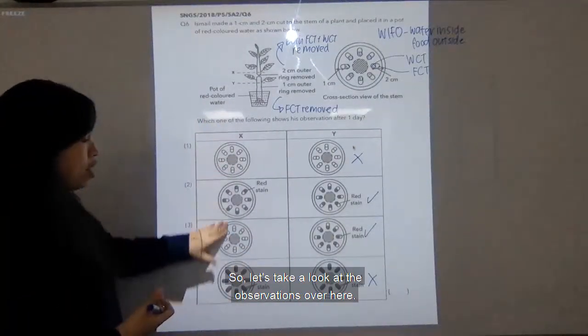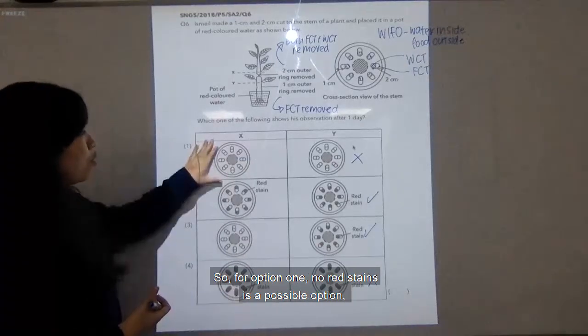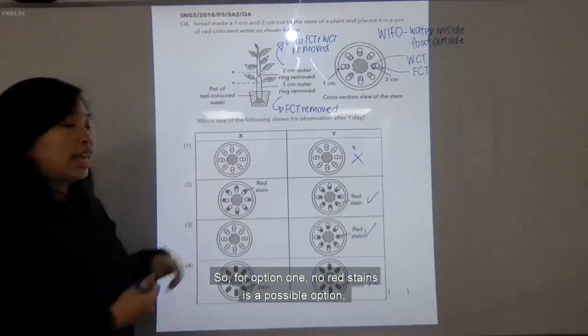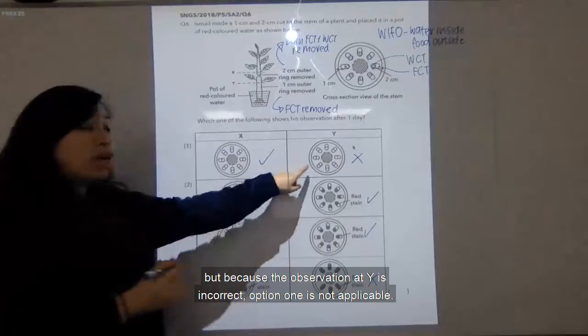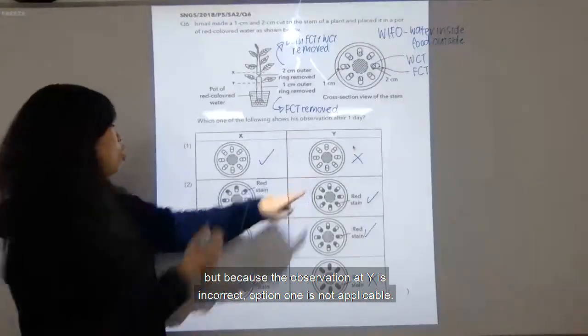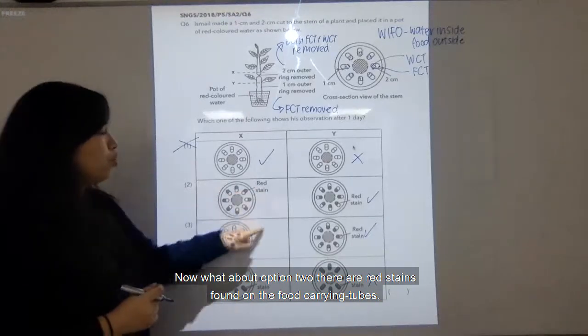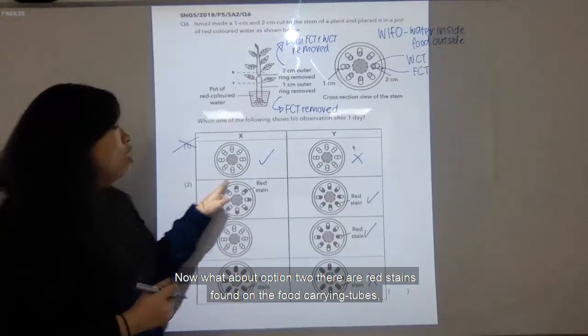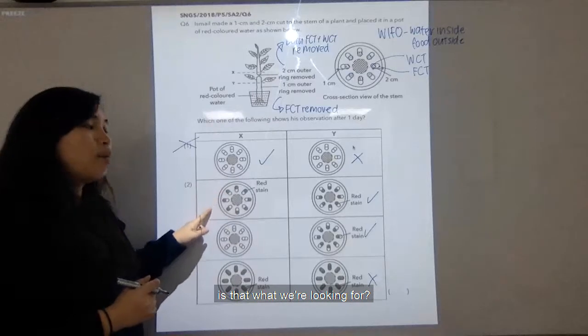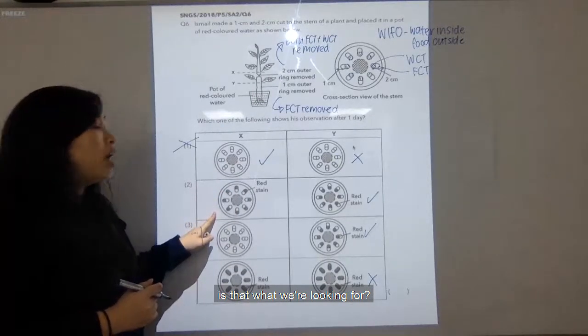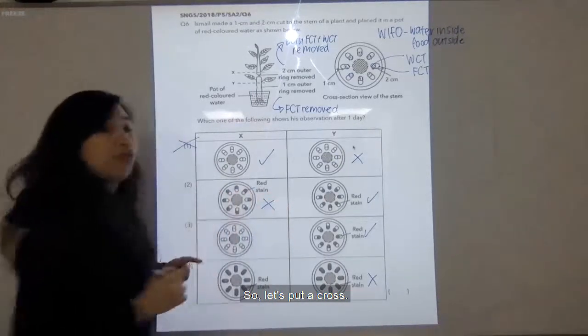So let's take a look at the observations over here. So for option 1, no red stains is a possible option, but because the observation at Y is incorrect, option 1 is not applicable. Now what about option 2? There are red stains found on the food carrying tubes. Is that what we're looking for? That is not what we're looking for. So let's put a cross.